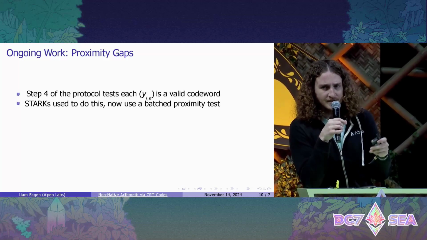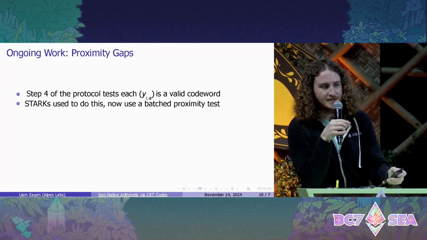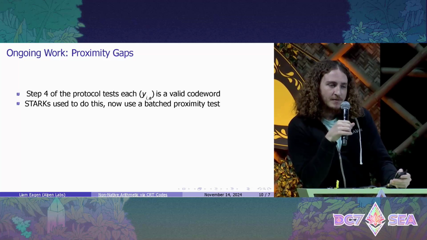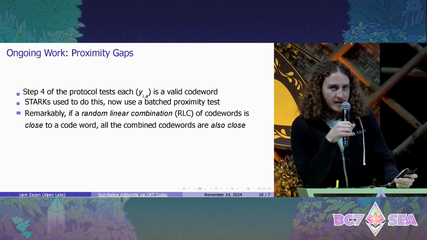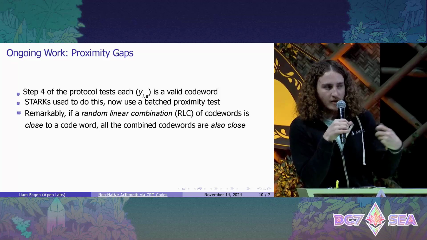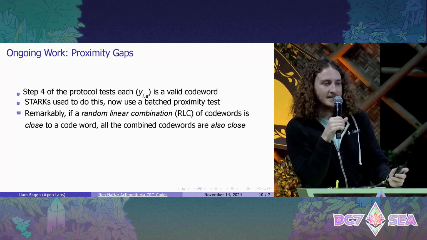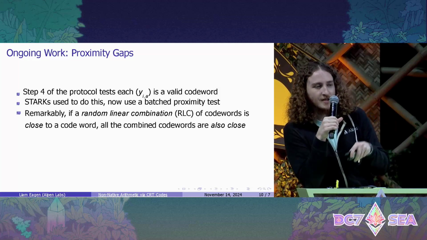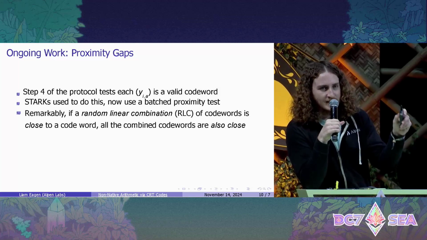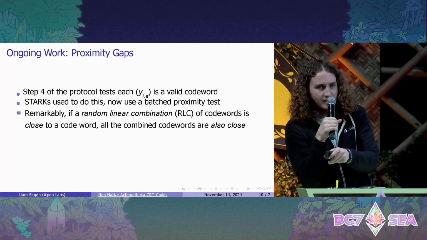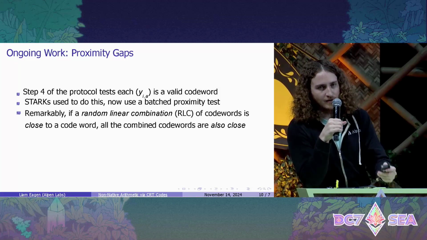The proximity test here is you're testing the closeness of the set of residues to its space of correct messages. What people do now with SNARKs is take a random linear combination of encoded columns or encoded integers and test that the random linear combination is close to a code word. So instead of testing each one independently, you can just take a random linear combination and test that one thing.